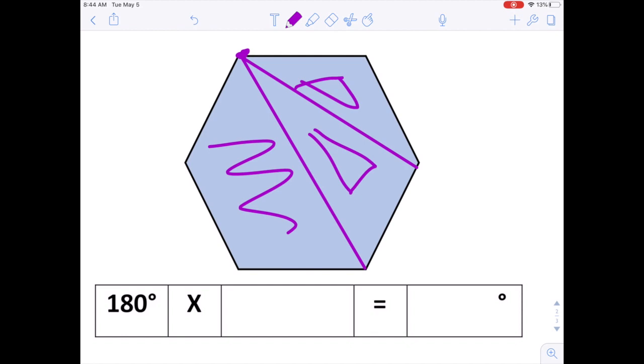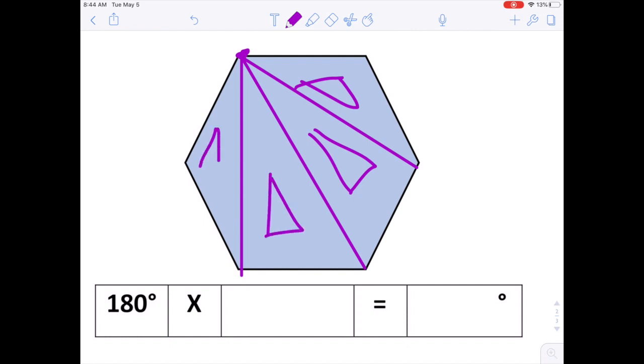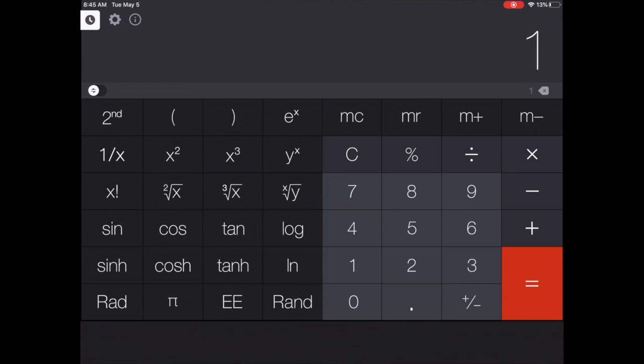This shape is still not a triangle, so let's split it up. I have a triangle here, and I have one here. So that means I made 4 triangles, 180 degrees times 4. That would be 720 degrees.